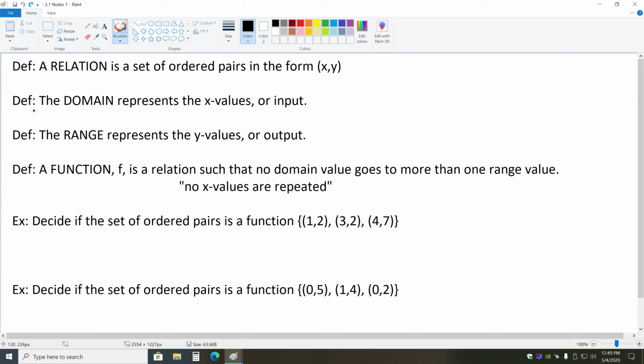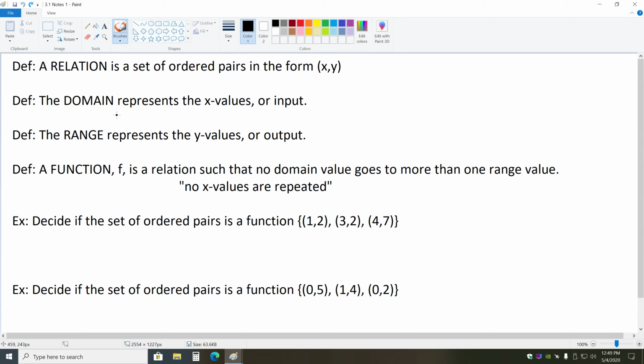From here, our next definition says that the domain represents the x values of the relation or the inputs. So the domain represents all the values that you put into the relation. And our next definition says the range represents the y values or the output. So the domain is what you put in.